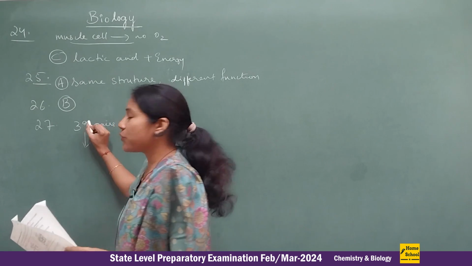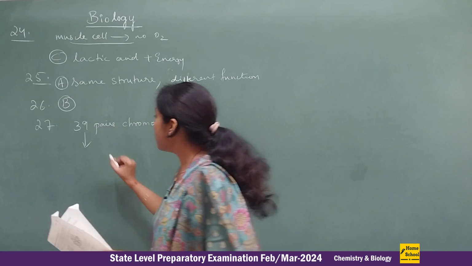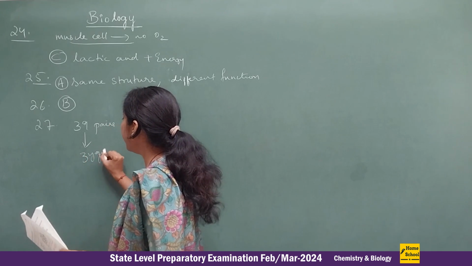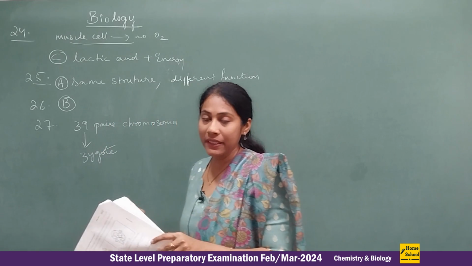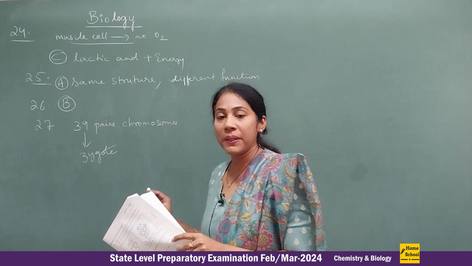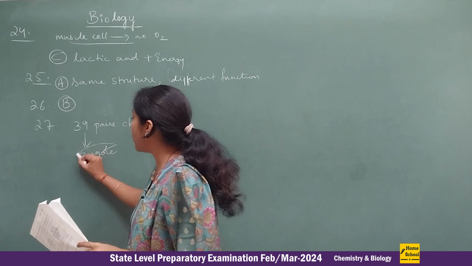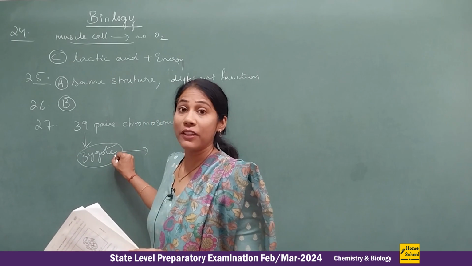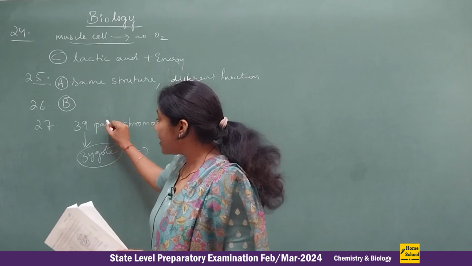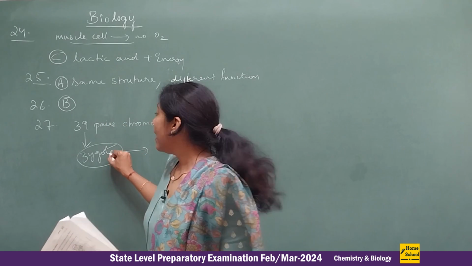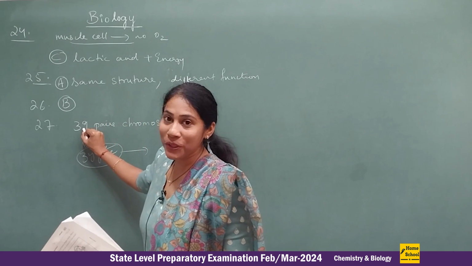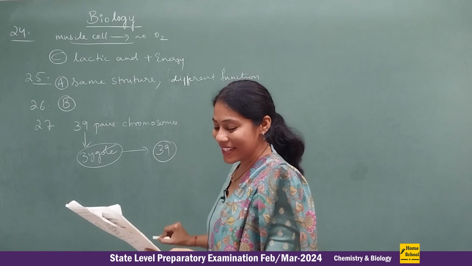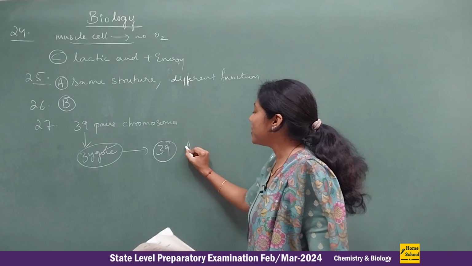Okay, so it's a sexually reproducing animal, so definitely a zygote is formed. When the male gamete and female gamete combine, the zygote is formed. How many chromosomes will the zygote have? Zygote is a single cell of the same organism. Every cell must have the same number of chromosomes, isn't it? So 39 itself is the answer, which is our option A.